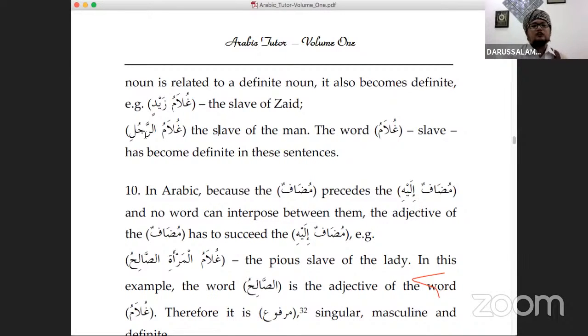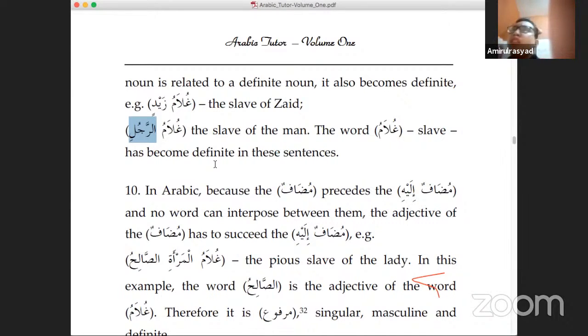Same thing here. Ar-rajul, look. Ar-rajul, is it ma'rifah or nakirah? Ma'rifah. Why is it ma'rifah? Mu'arraf bil lam. That's the alif lam there. Ar-rajul. See? So when translated, it becomes the man. The man is ma'rifah.